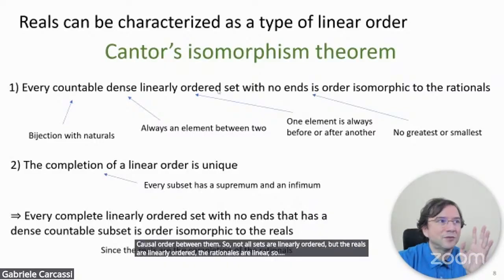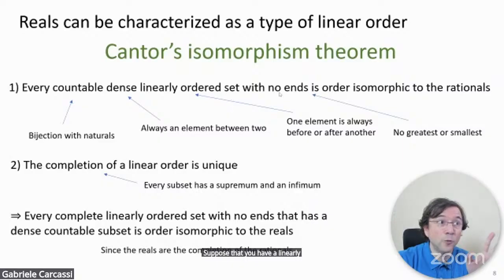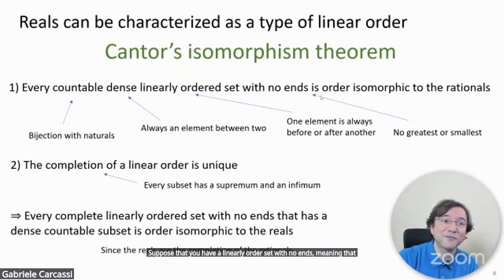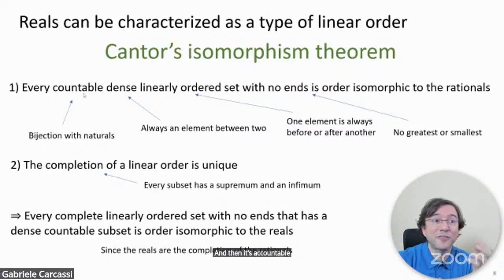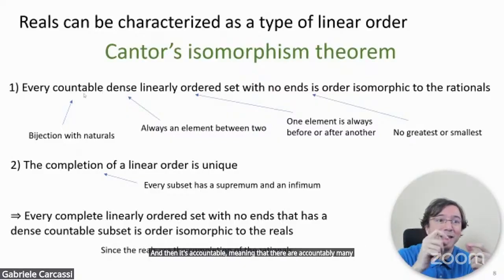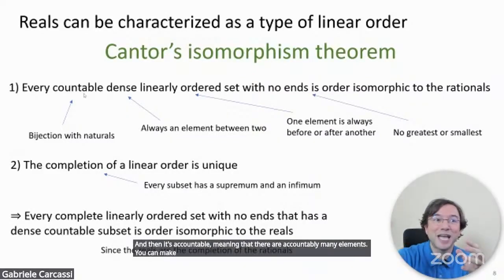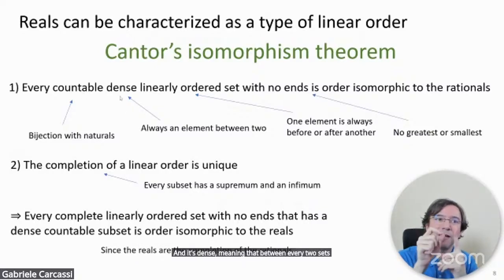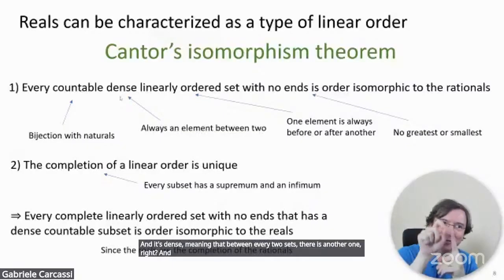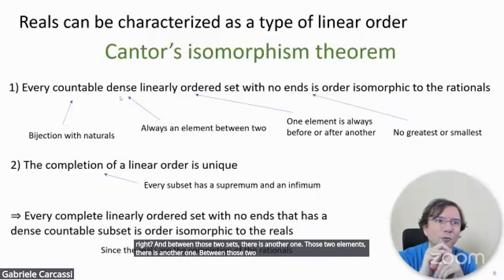So suppose that you have a linearly ordered set with no ends, meaning that there is no greatest value and no smallest value. And it's countable, meaning that there are countably many elements. You can make a bijection with the natural numbers. And it's dense, meaning that between every two elements there is another one, and between those two elements there is another one, and between those two, again, there is another one, and so on, right?